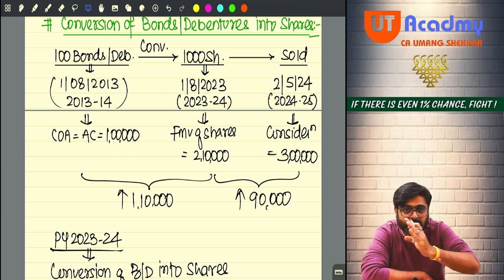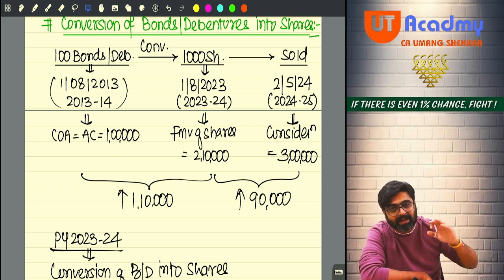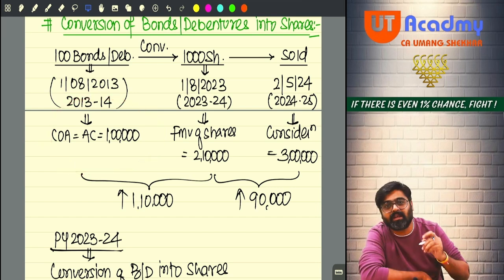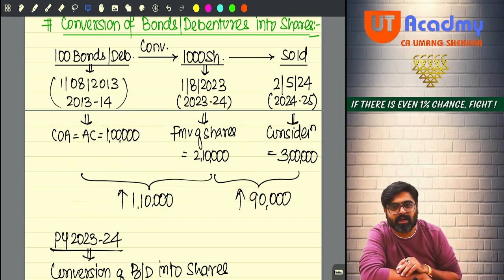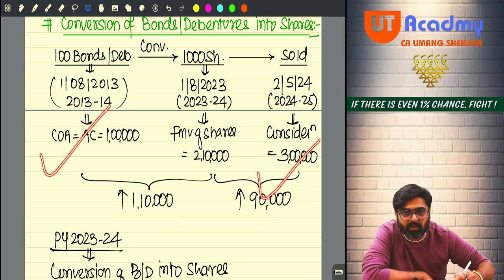Getting my point? Because for this entire period the gain is charged. That is the reason why this amount is taken as cost, and that is the reason why this period is also included in the period of holding of your shares. So why take the indexation only for this period? Take the indexation from the beginning.